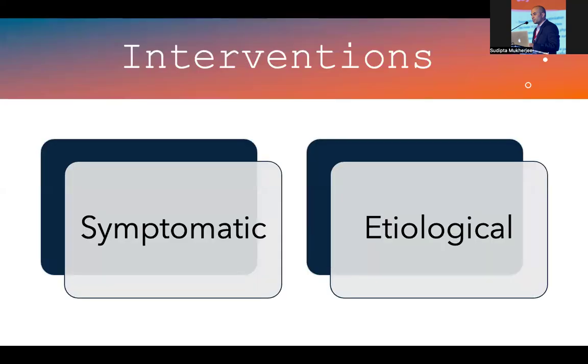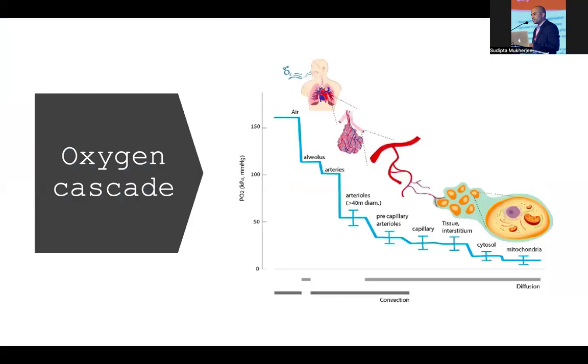And if the patient is desaturating, we have to intervene for symptomatic improvement, by increasing supplemental oxygen or PEEP or changing the interface of ventilation. At the same time, we have to also work on the etiology, the cause, to halt the progression of the pathophysiology. So both interventions need to be done together at the same time. To address the different etiologies, we have to understand something called the oxygen cascade.